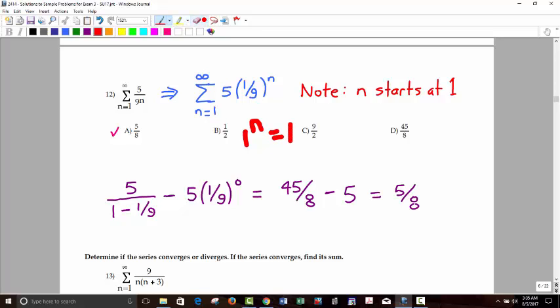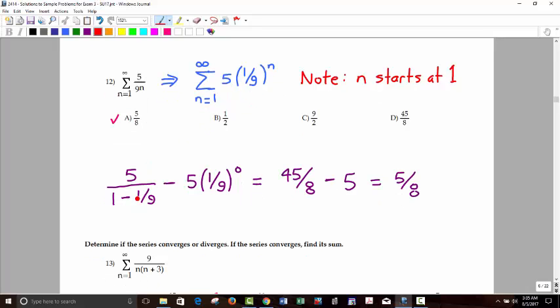So anytime you can, you can always write something over 9, like in this case 9 over n, as 1/9 to the n, because of 1 to the n being 1. So we leave the 5 there, it's going to be our a. 1/9 to the n. Now we start at 1, so here's how I do it.